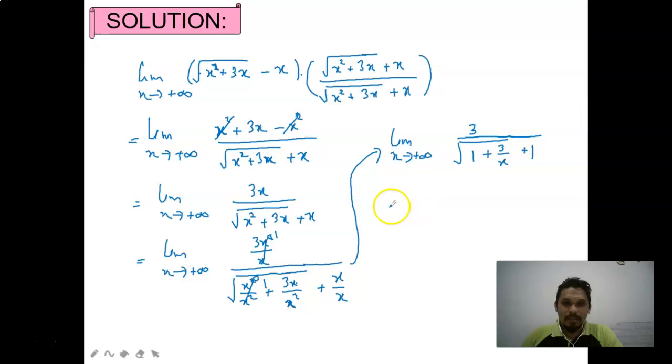Okay, so x approaching positive infinity, when x is getting bigger and bigger, this approaches 0. So finally we come up with 3 divided by the square root of 1, which equals 1, plus another 1, so it is equal to 3 divided by 2.